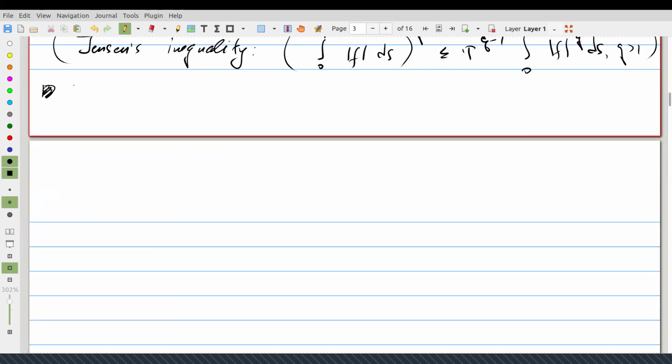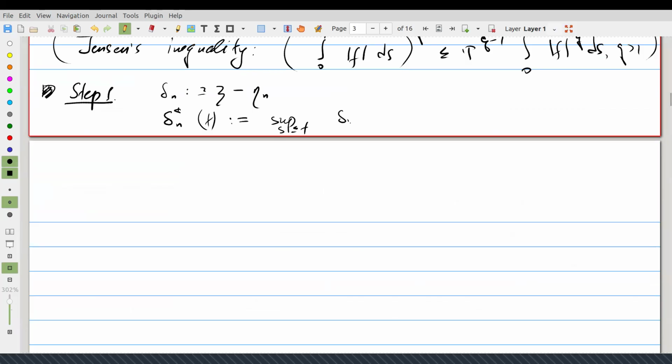Now we are going to prove the main result. So the first step is a situation where we define what we need. This is going to be our difference, and this with star, t is going to be the supremum for s less than t of delta n of s, modulus.